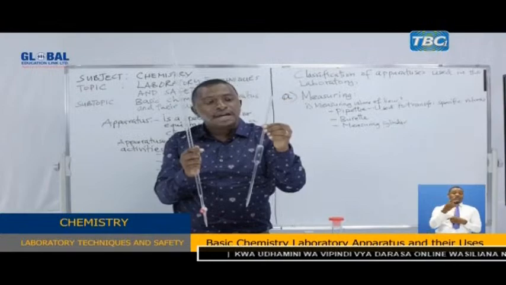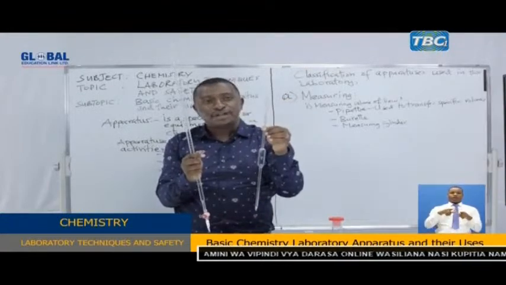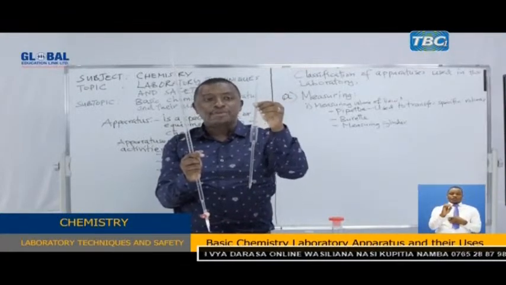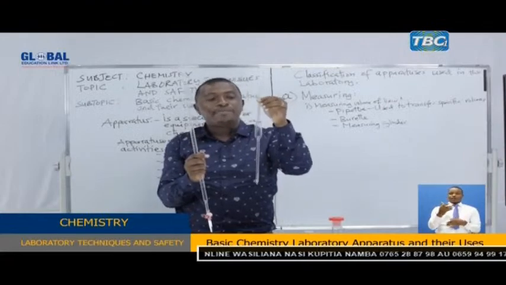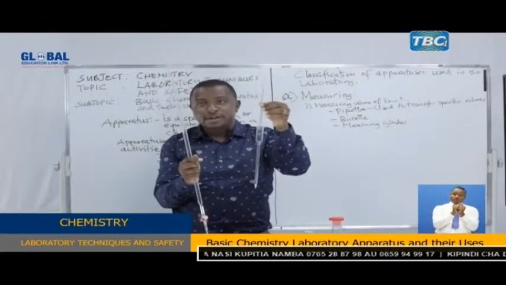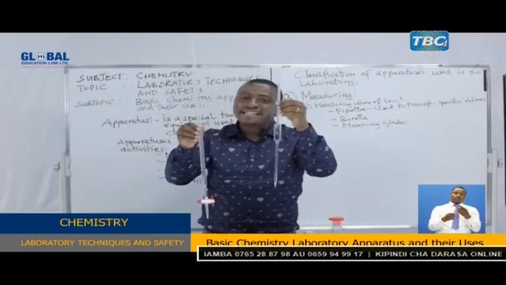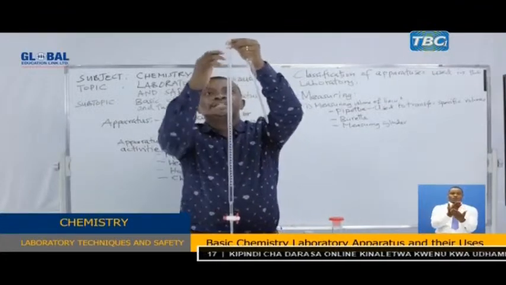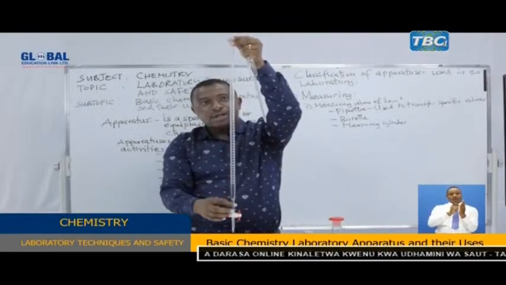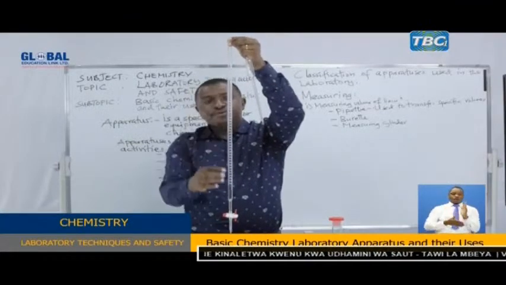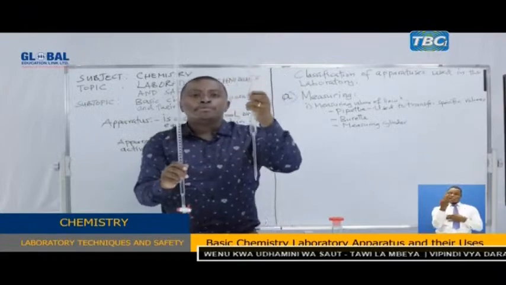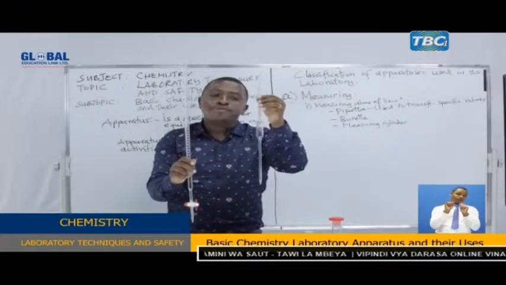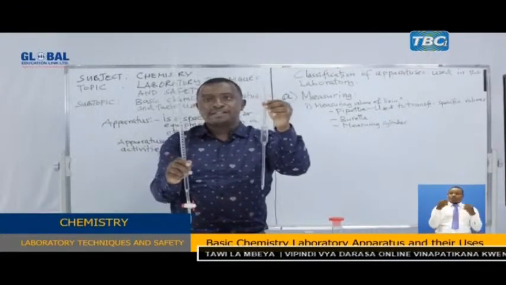Therefore, this can be of different sizes. It can be a pipette of 20, a pipette of 25, or a pipette of 10. While this one measures accurate volumes because it has been calibrated. You can see the calibrations here, from 0 to 50. So please, you should not confuse the two apparatuses.